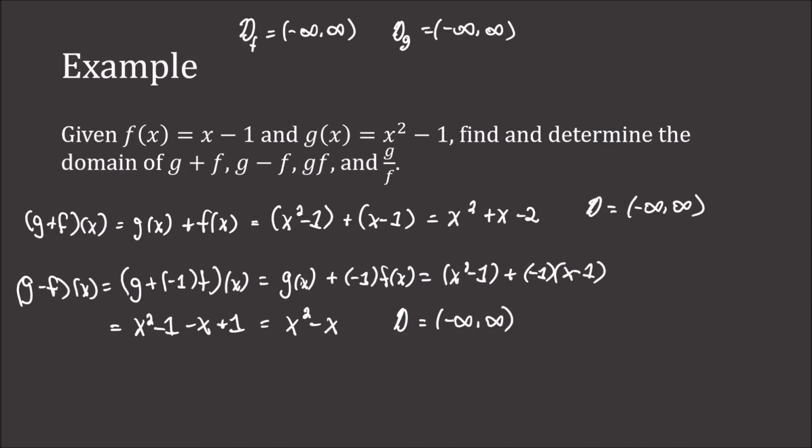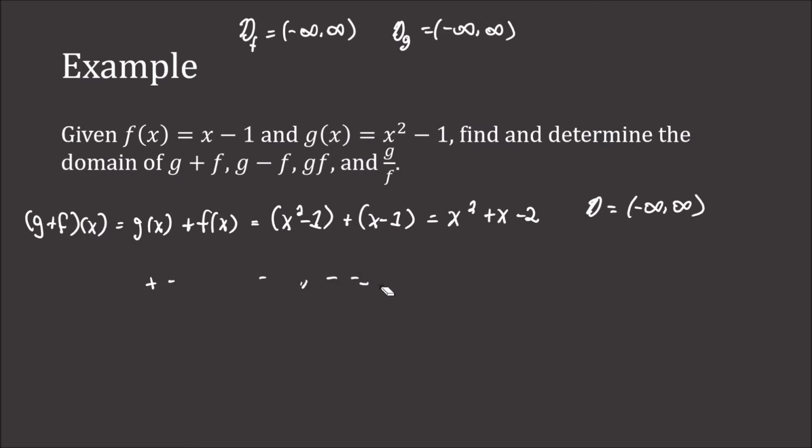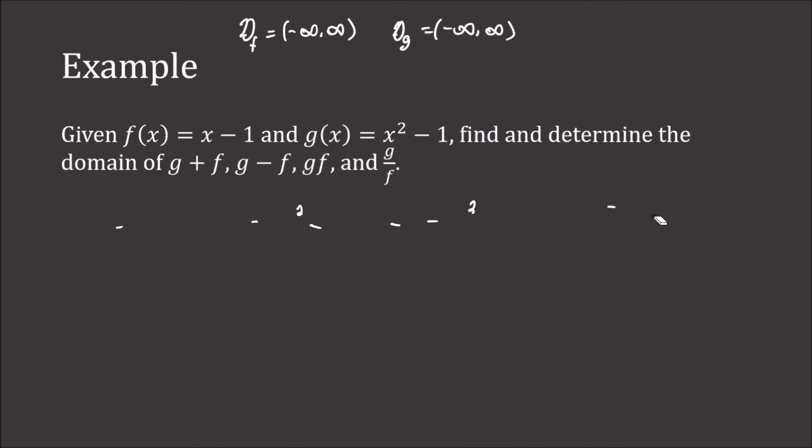So we move on to the product. To do that, I'm going to clear this slide. So we now look at gf of x, which is just g of x times f of x.